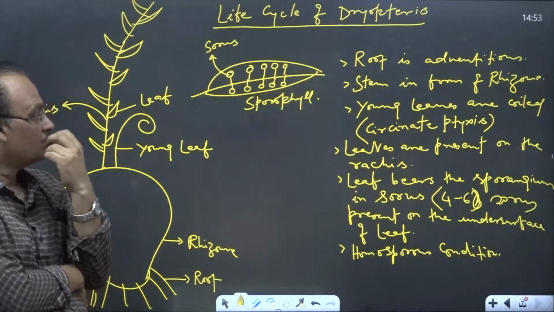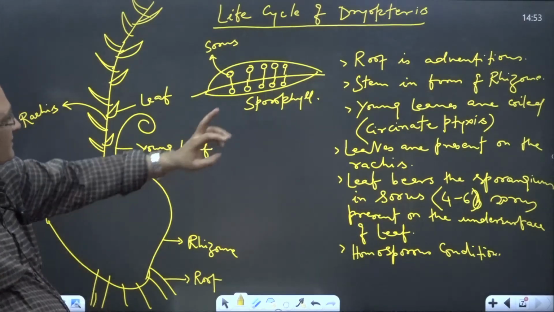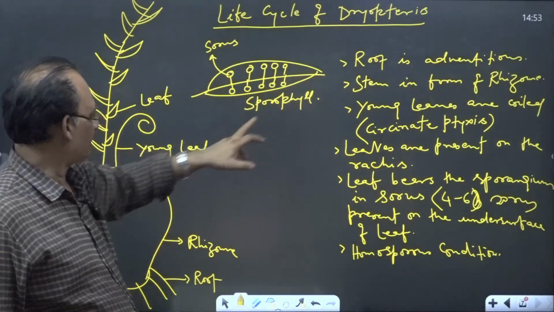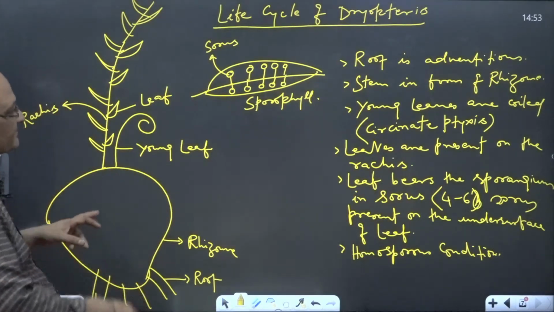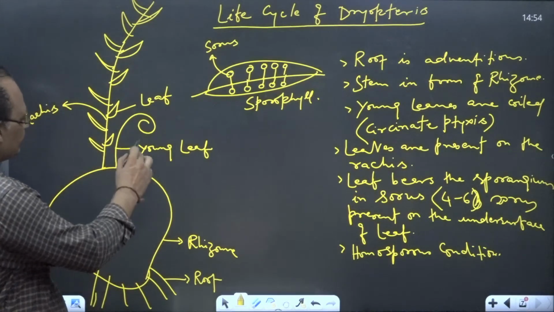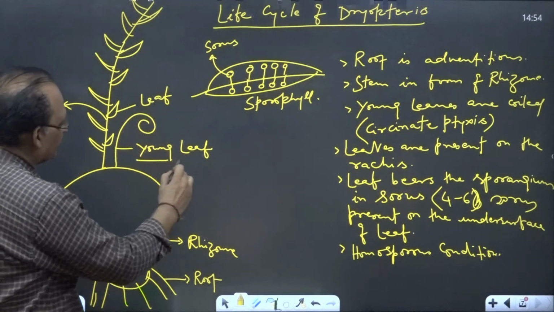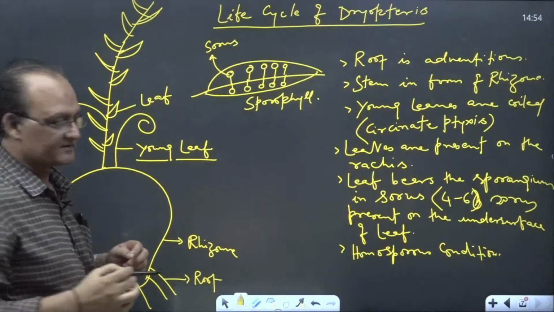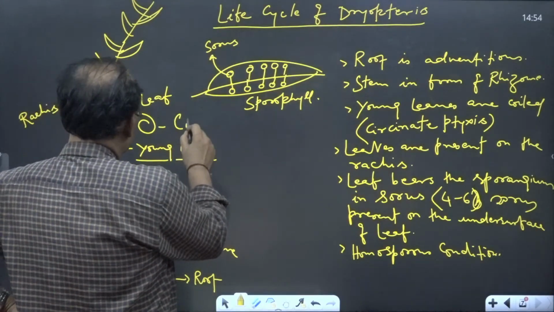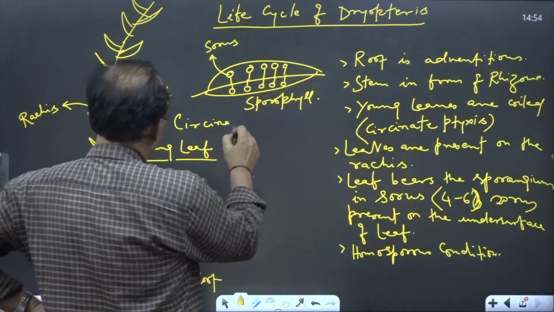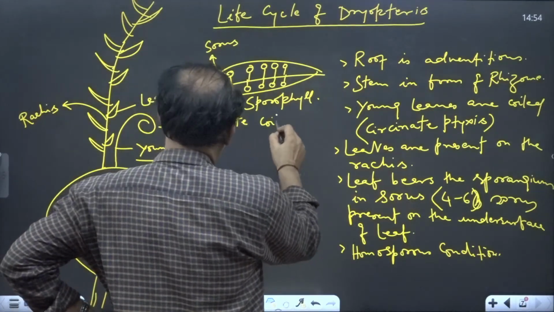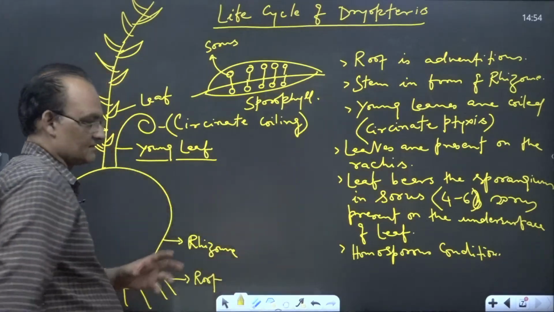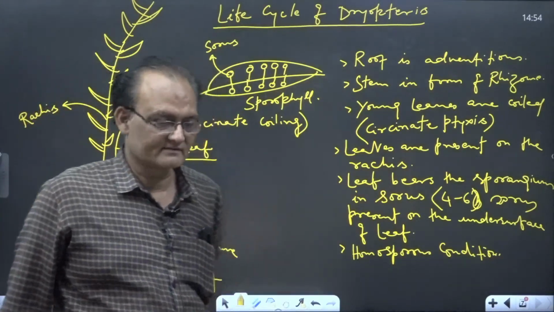Okay. So, you understood, na? Root is adventitious and stem is in the form of rhizome. Young leaves are present here. This is coiled. This is called circinate coiling. This coiling is like a watch spring, right?